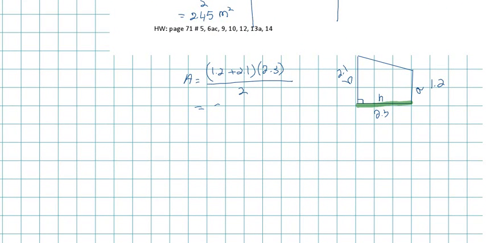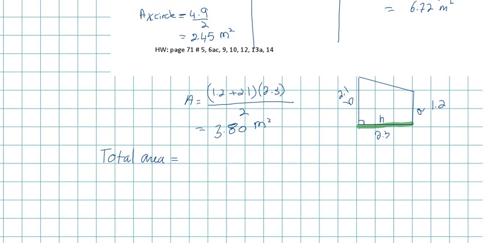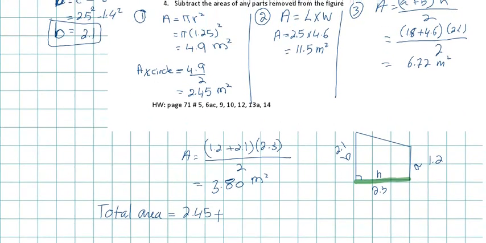Okay, now for your final answer, because it's asking for the area of the full shape, you have to add all the areas together. So the total area is 2.45 plus 11.5 plus, what was the other one? 6.72.